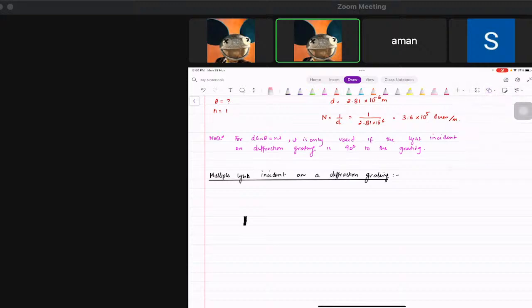Sometimes not just one color but different colors are incident. So let's suppose there is orange and blue color.